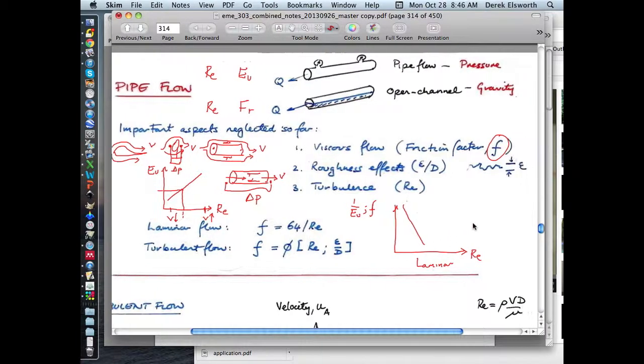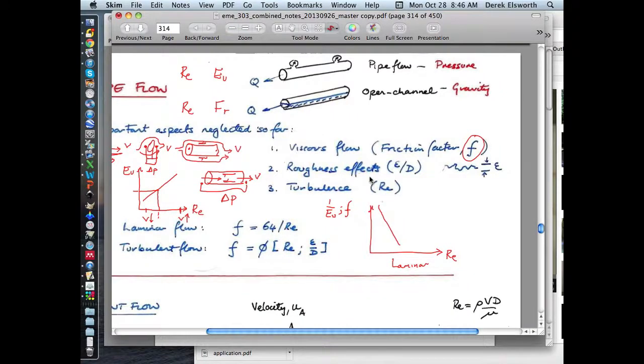But if we do our analysis in terms of all the properties that impact our system, we'll find out that things like the geometry of this, so the diameter and the length of this pipe, are two properties that come into this. So this will be a function of those properties, but also of the roughness of the pipe.